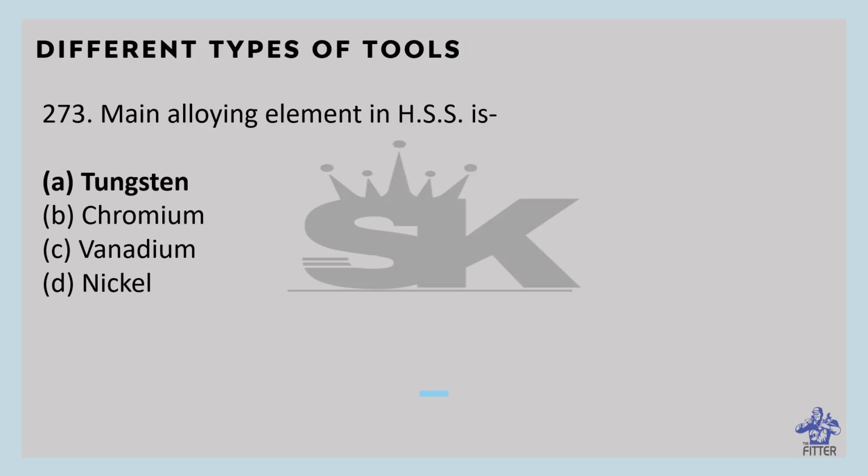Tungsten, represented W, is around 18%, chromium is 4%, and vanadium V equals 1%. The remaining is iron. So the main alloying element in high-speed steels is tungsten.